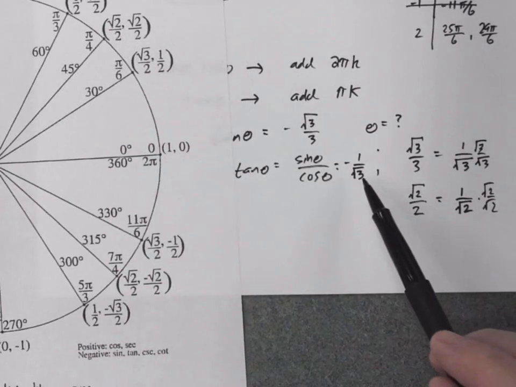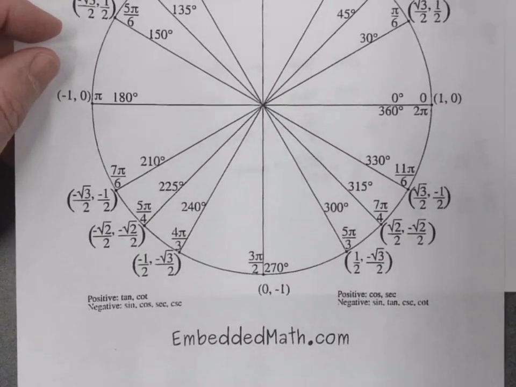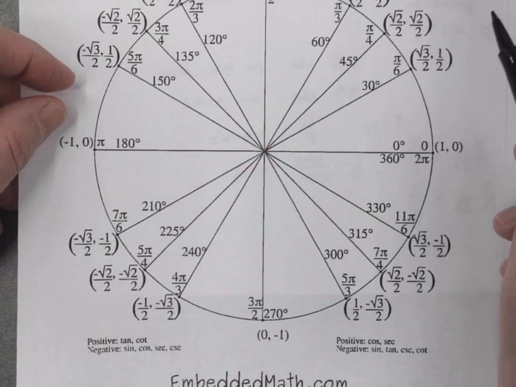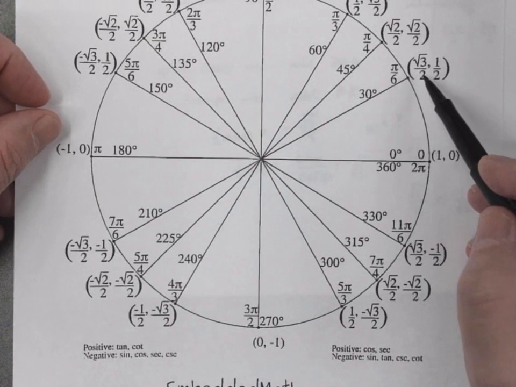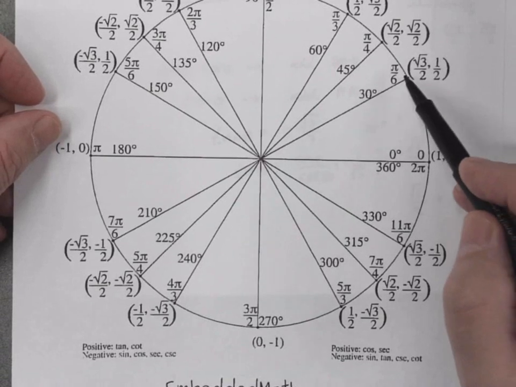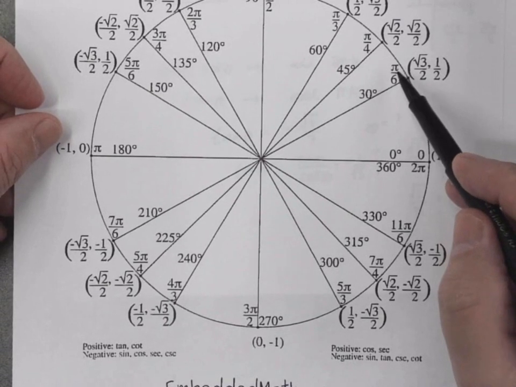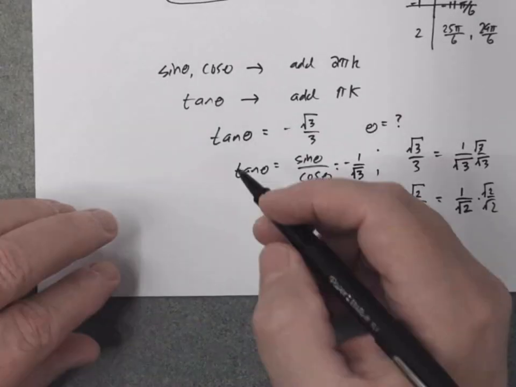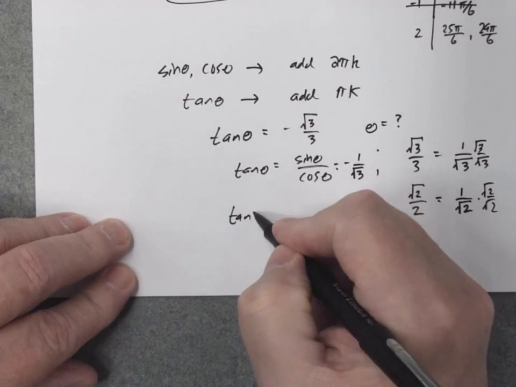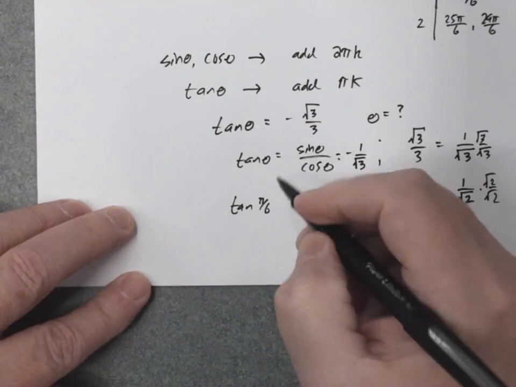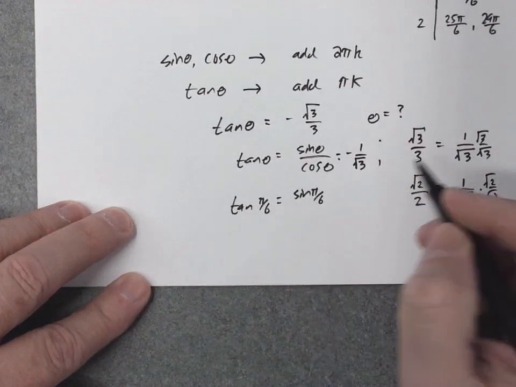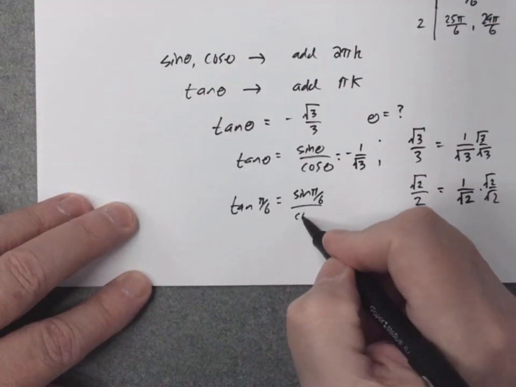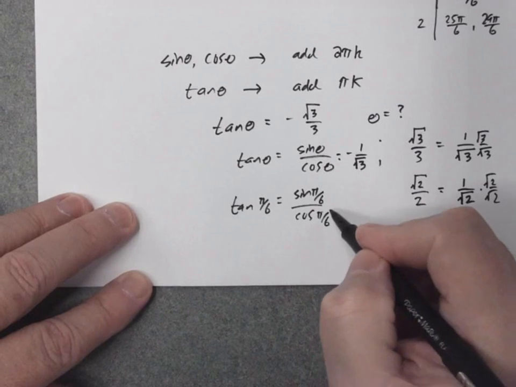Since I want the square root of 3 in the bottom, I want the cosine to have the square root of 3 over 2. Let me just do it. Let's look at the tangent of pi over 6. The tangent of pi over 6 is the sine of pi over 6 over the cosine of pi over 6.